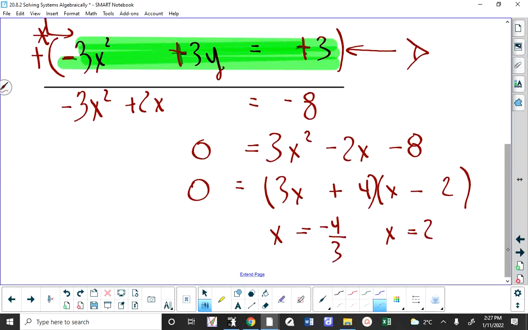How did I get, can somebody volunteer how I get negative 4 over 3 for that factor? Isaac?